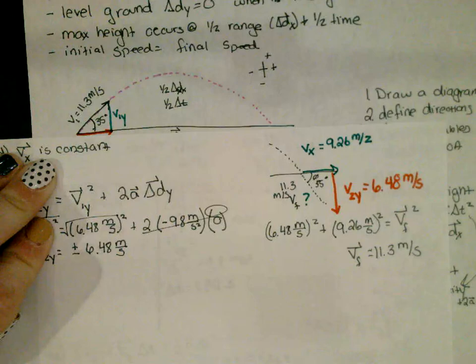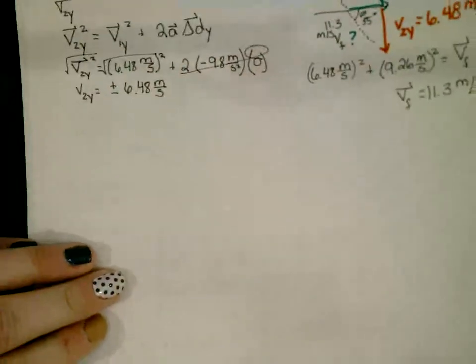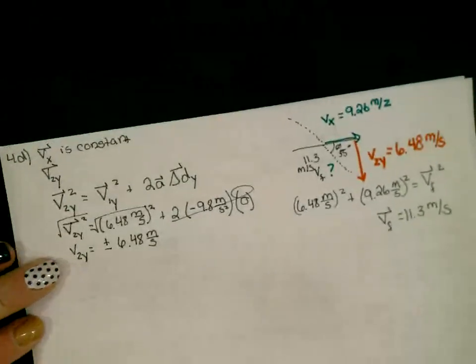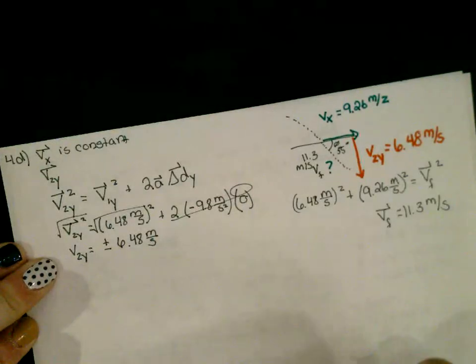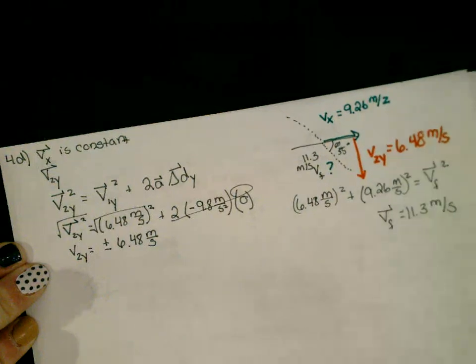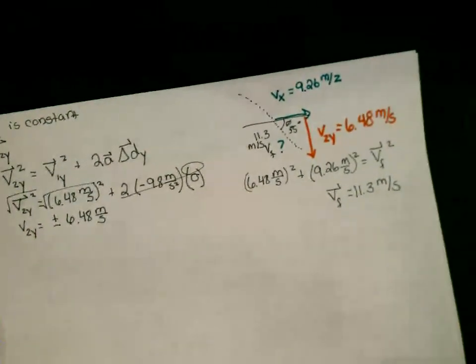Last but not least, I have to write my answer. So the soccer player kicked the ball on a level playing field with an initial velocity of 11.3 meters per second at an angle of 35 degrees above the horizontal.